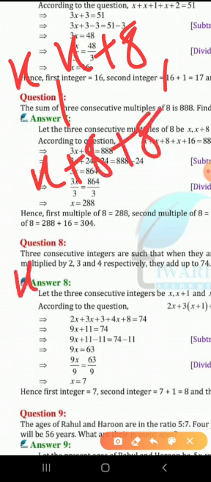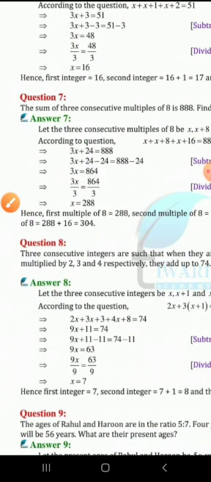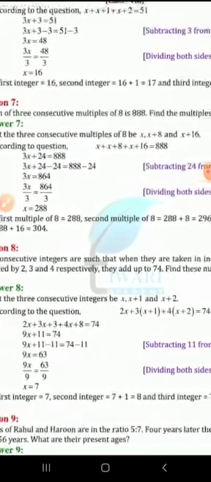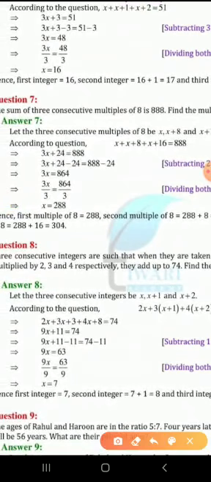So the 3 multiples of 8 we are getting are: first is x, second is x plus 8 and third is x plus 16. Now according to the question, their sum is 888. So now we have to add x plus x plus 8 plus x plus 16 equal to 888.